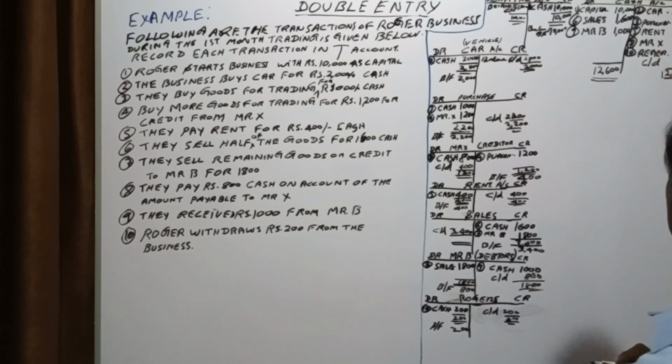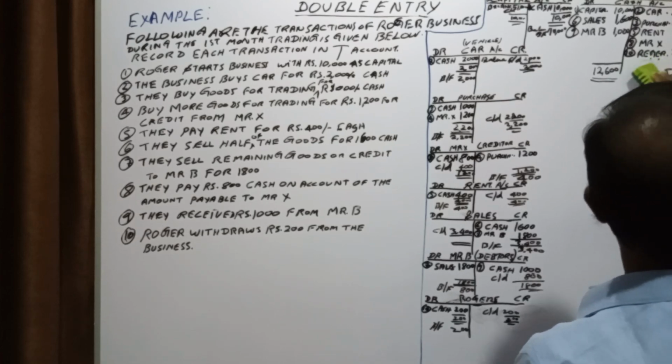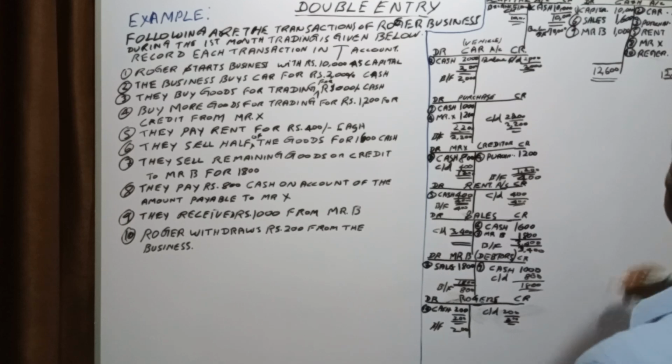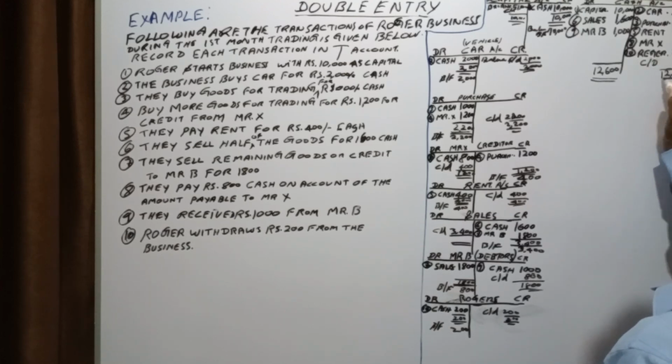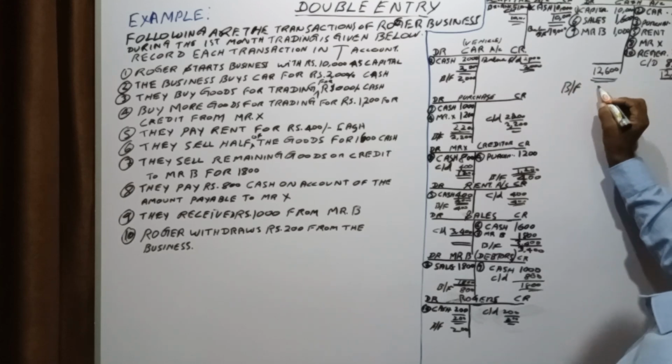This is the carried down balance. The brought forward balance is 8,200.